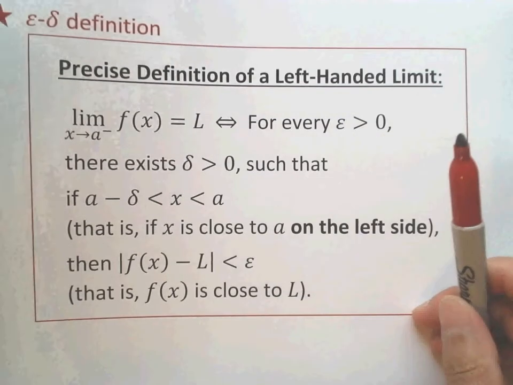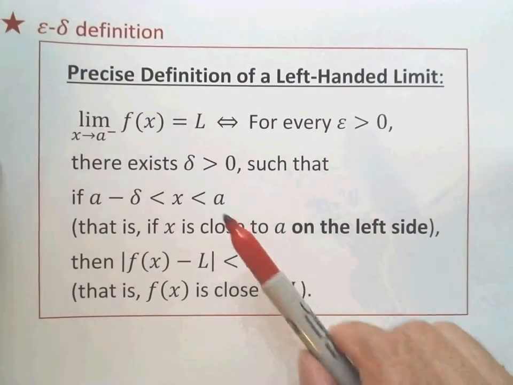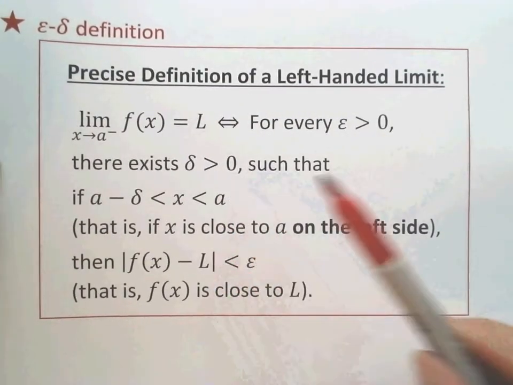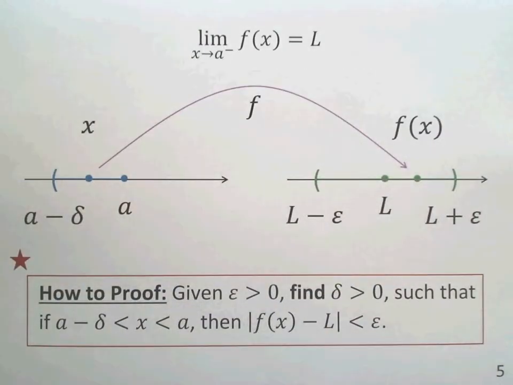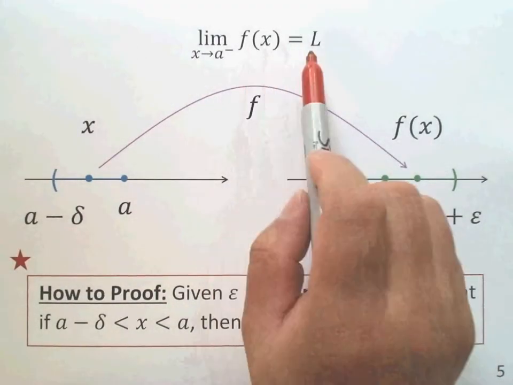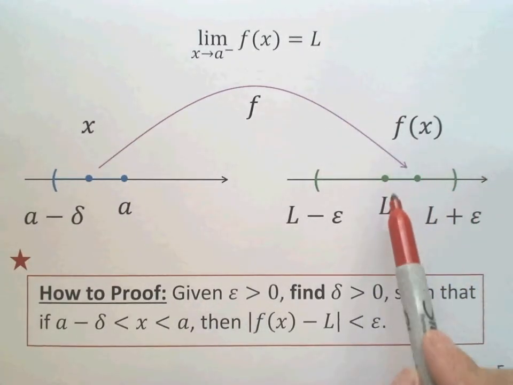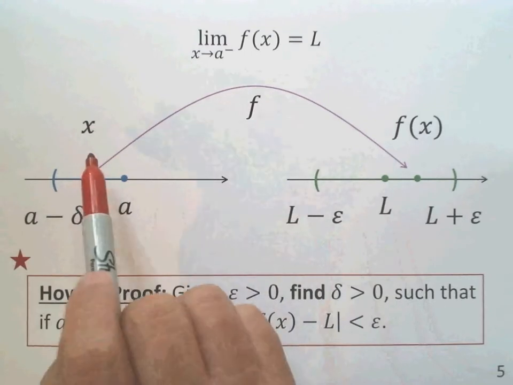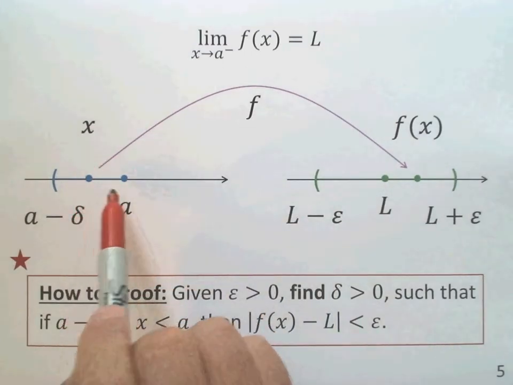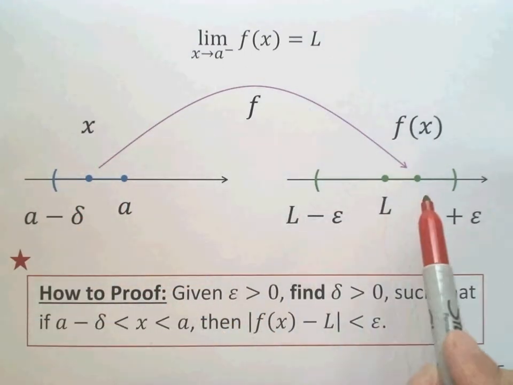So let's look at the graph. We can see what these two neighborhoods mean. And here is the graph. If the left-handed limit is L, which means what? f can be arbitrarily close to L by taking x arbitrarily close to a on the left side.